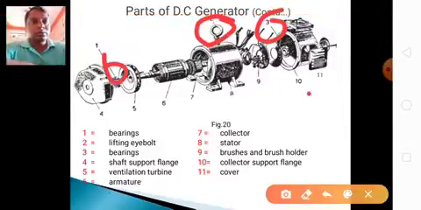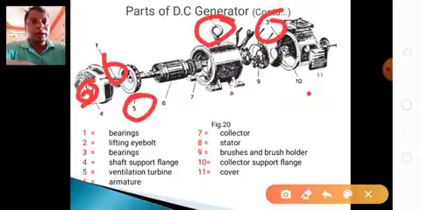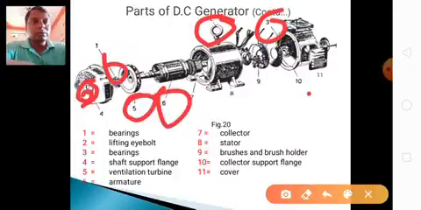Next, the shaft. The shaft is placed in the armature. Ventilation: these are the two vent caps. Sixth, armature. This is the armature. Next, seventh, collector, a commutator, right?